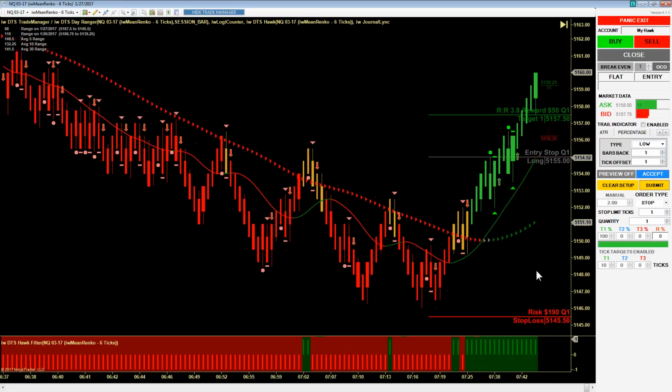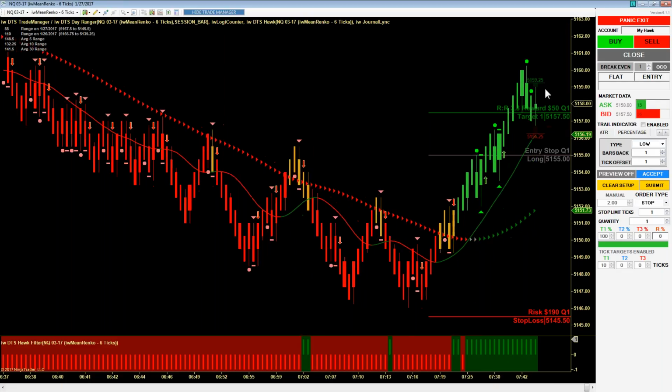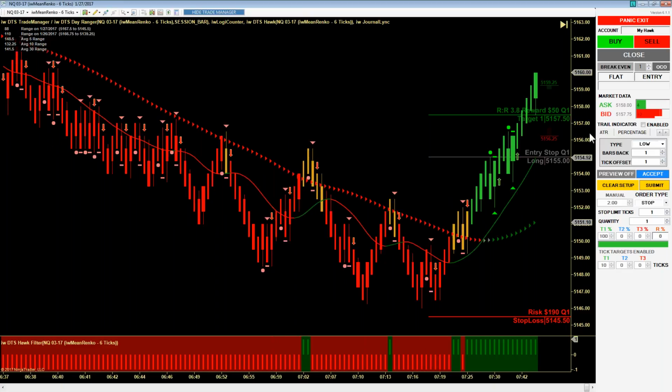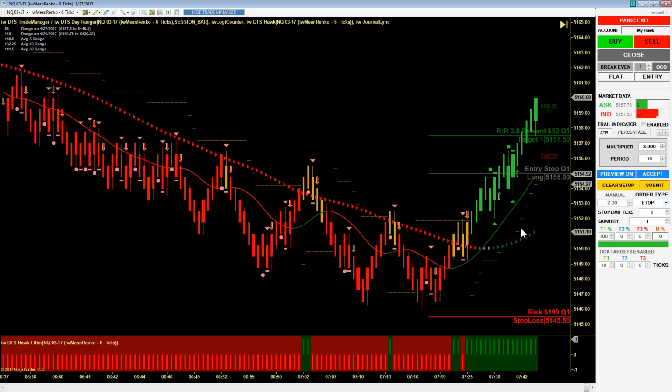Let's say at this point I want the stop to start moving for me. I'm going to go with the ATR stop, and I want to preview it, and I see that, okay, that looks all right.